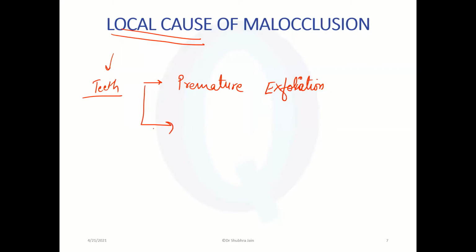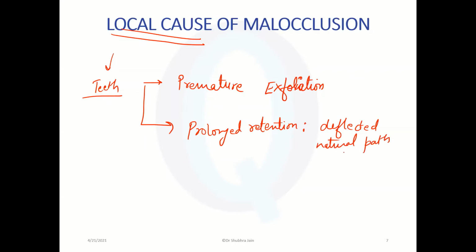The next thing that can happen is prolonged retention. In prolonged retention, when the deciduous tooth is still there, the natural path of the permanent tooth is deflected. What does it lead to? It leads to crossbite in the anterior region. It can lead to crossbite in the posterior region as well if the tooth retained is in the posterior region.